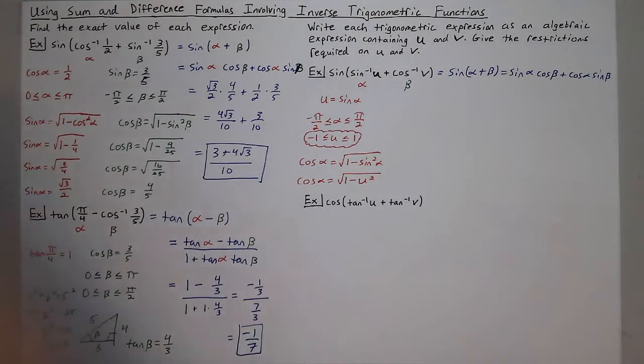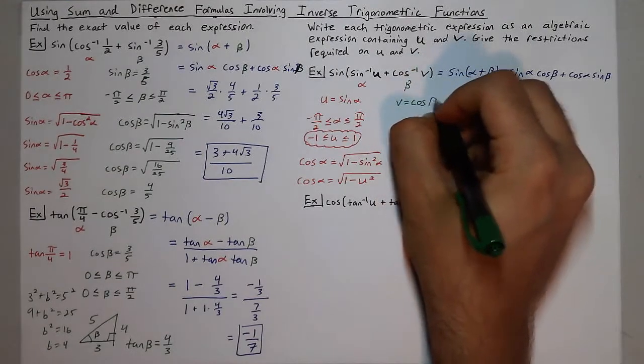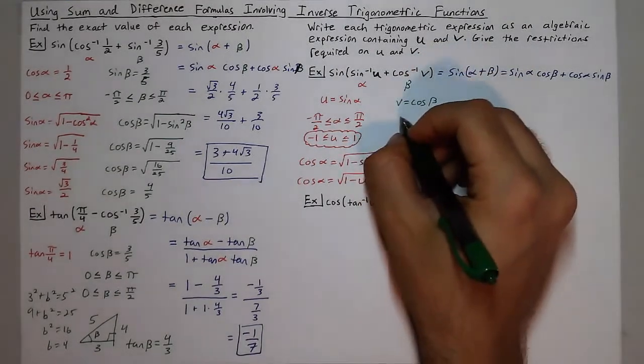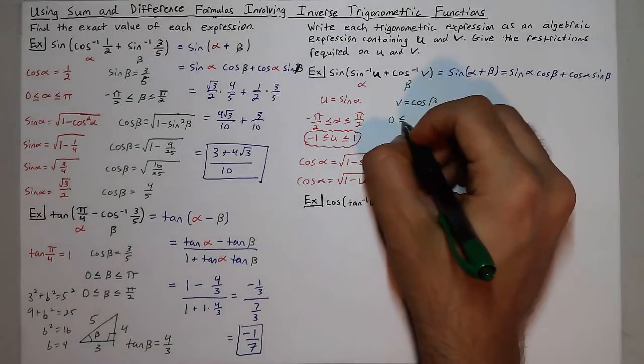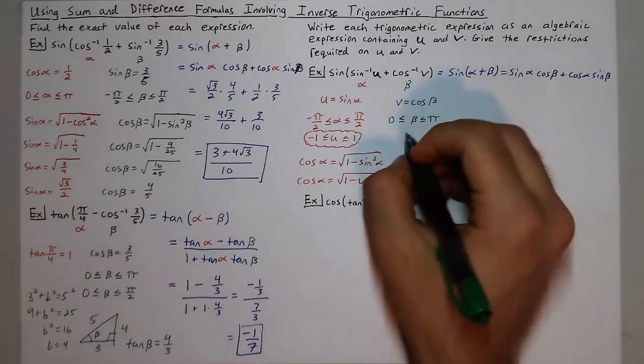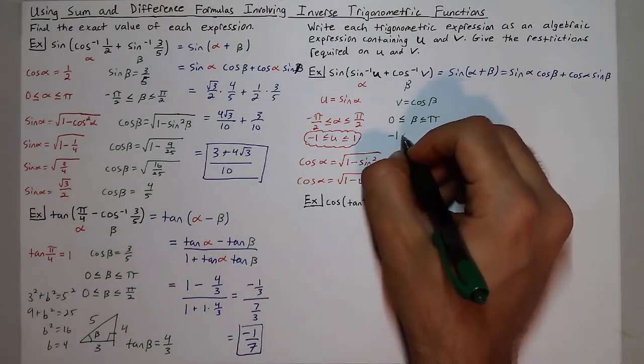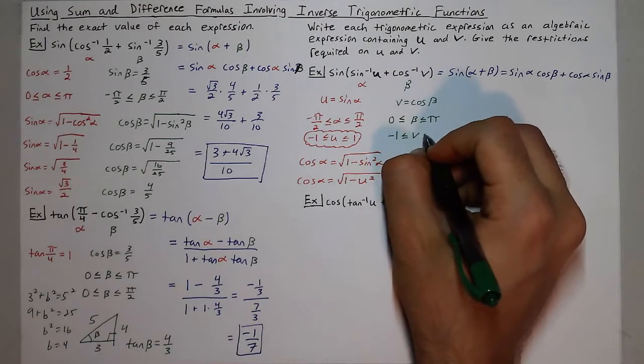And again, over here, I can tell that v is equal to cosine of beta, for beta being between 0 and pi. And again, cosine's maximum and minimum is 1 and negative 1, so v has to be between negative 1 and 1.